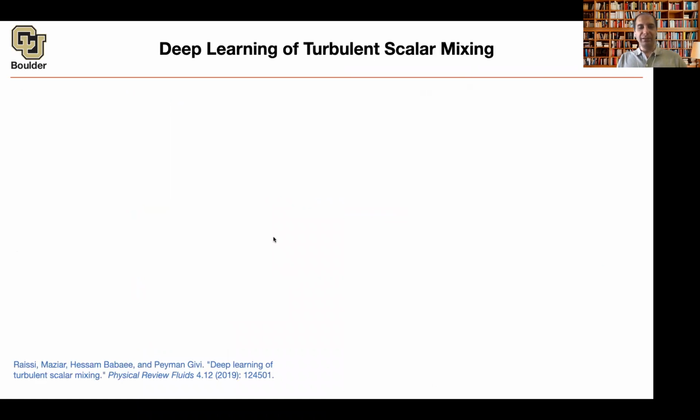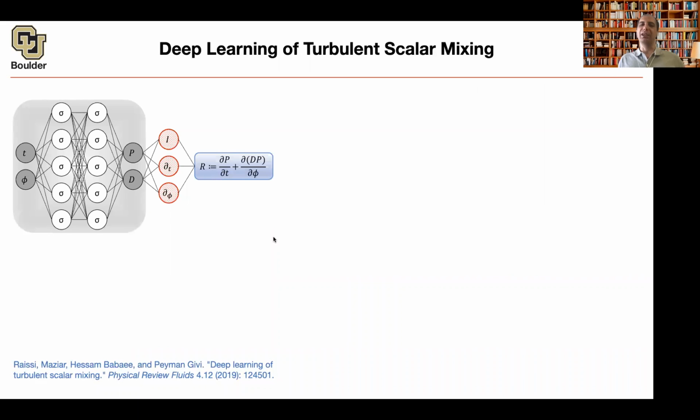We can do turbulence. For turbulence, no two simulations on any computer, even basically the same computer, are going to give you the same solutions because it's a chaotic system anyway.